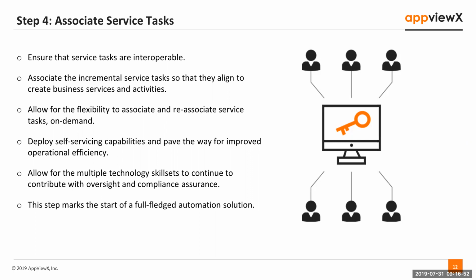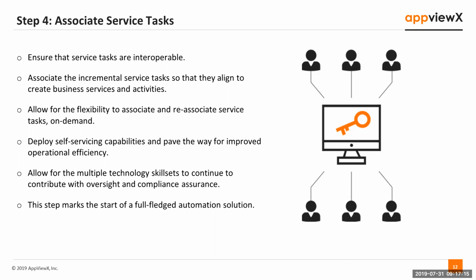So again, allowing for the technology skill sets to continue to be involved in the automation practices so that they can bring their specific knowledge to the question: is the interoperability most efficient?